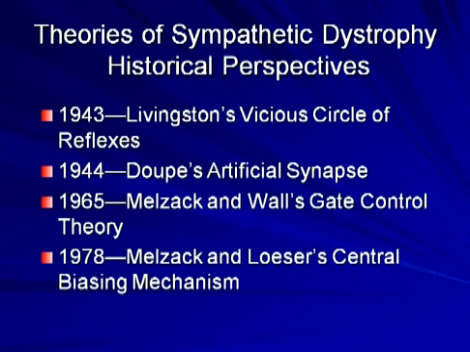So the pain processes would go through the spinal cord to the higher central nervous system, and there was a biasing mechanism in this theory that allowed the pain processes not to be inhibited and to go directly to the cortex of the brain, where perception would occur. And so these are some of the theories of what was thought to be reflex sympathetic dystrophy.